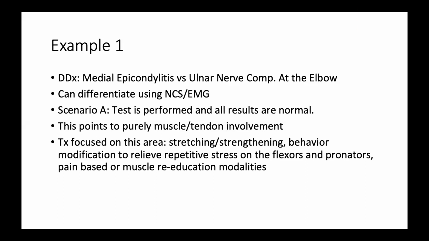With a normal test result, we're still trying to figure out what possibly the patient could have. So a normal test result isn't a waste of time. It's helping us to determine what's going on with the patient. So a normal test result would lead to a non-neuromuscular type injury, but instead a musculoskeletal type injury.